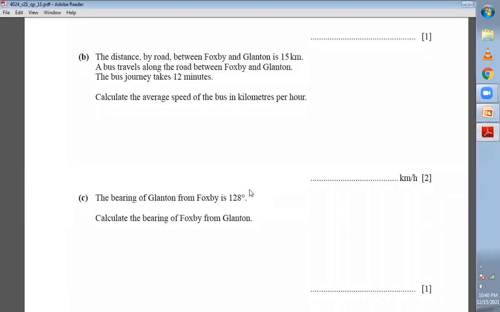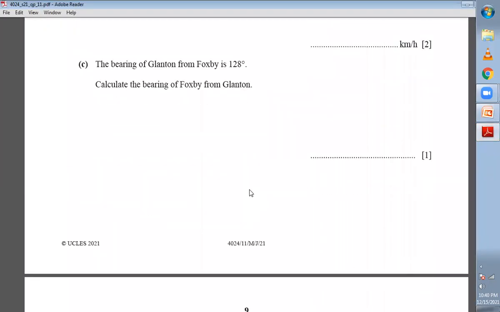Okay, so the C part is, he says the bearing of the Glanton from the Fox Bay is 128 degrees. Calculate the bearing of the Fox Bay from the Glanton. So he's asking, the Glanton from the Fox Bay is 128. What will be the bearing of the Fox Bay from the Glanton? We call it the reverse bearing or the back bearing. And it's very simple.